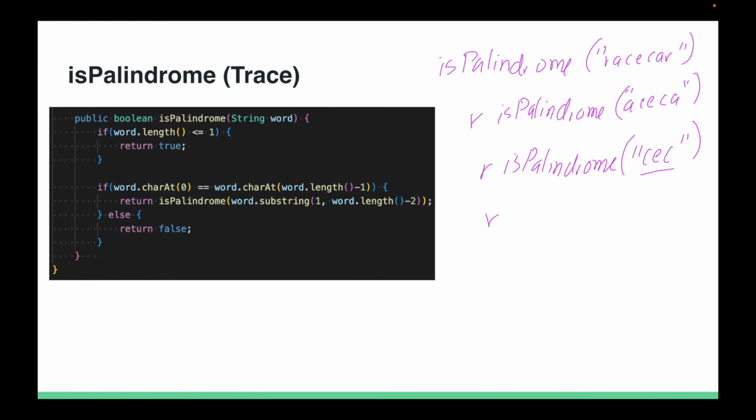It's also going to be the length - 2, because the length is going to be 3. So we're just going to return E. And then we're going to hit our base case because the length is going to be 1, and we're just going to return true at that point. And so that's how we know this is a palindrome.